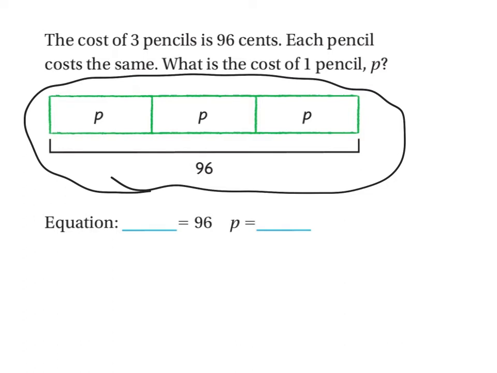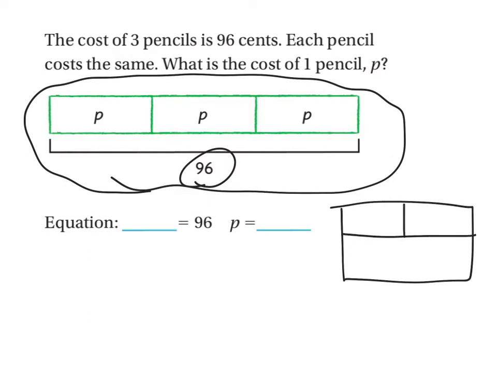So right off the bat, when I see this strip diagram, something that catches my eye is they gave you 96 as a total. If I related this to part whole, they're starting you off with a total. And when they start you off with a total, in my mind, I'm going to go back to these two: it's either subtraction or division. I have to stop and think, where's my part?